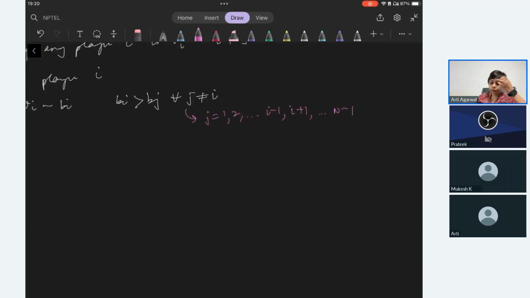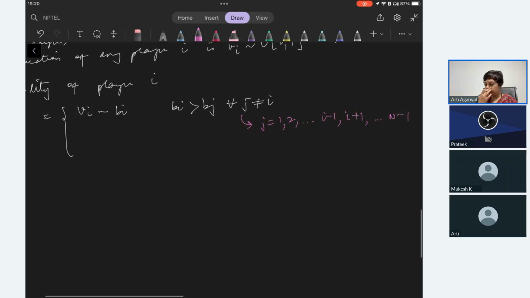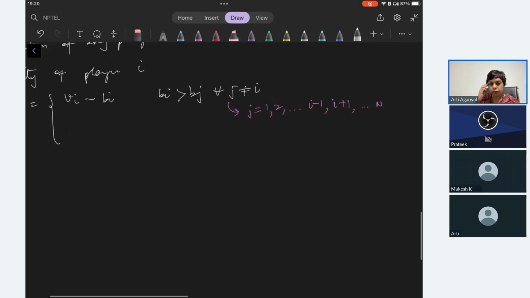I've just written for all j not equal to i to make it simpler and a little more concise. What I mean is that j can take values 1, 2, 3, 4, i minus 1, i plus 1, up till n, because you've already skipped i. So here i is missing. Total is n minus 1. We write this also.